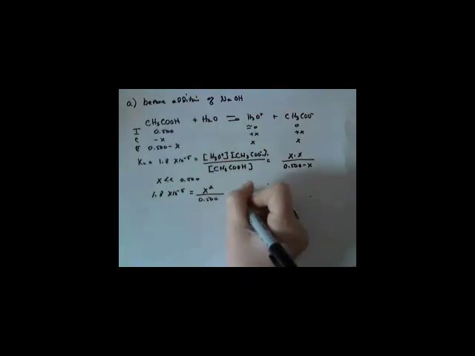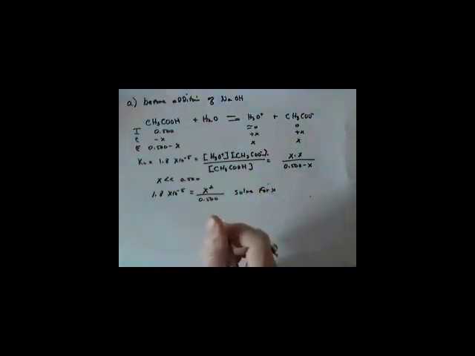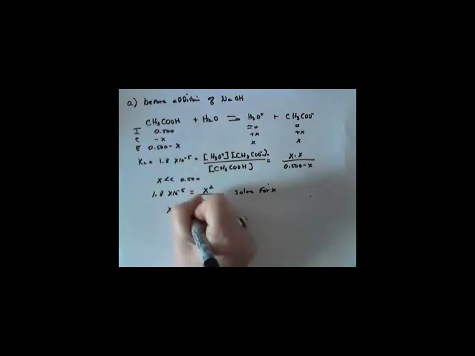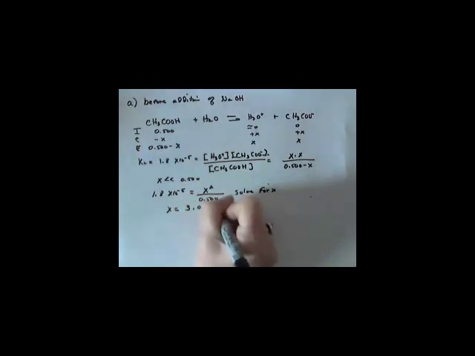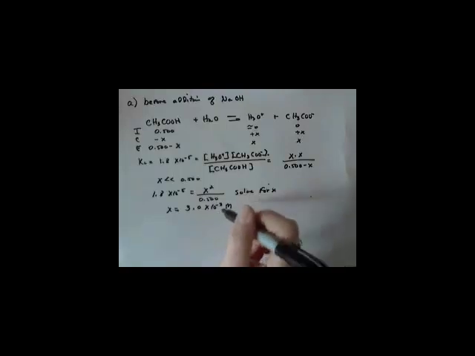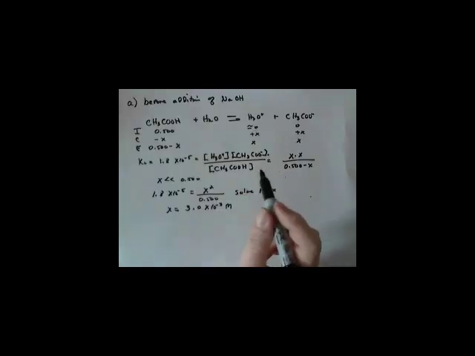So now we can solve for x, and we end up with x being equal to 3.0 times 10 to the negative 3 molar. I'm going to go ahead and check this assumption. Again, we want less than 5%.